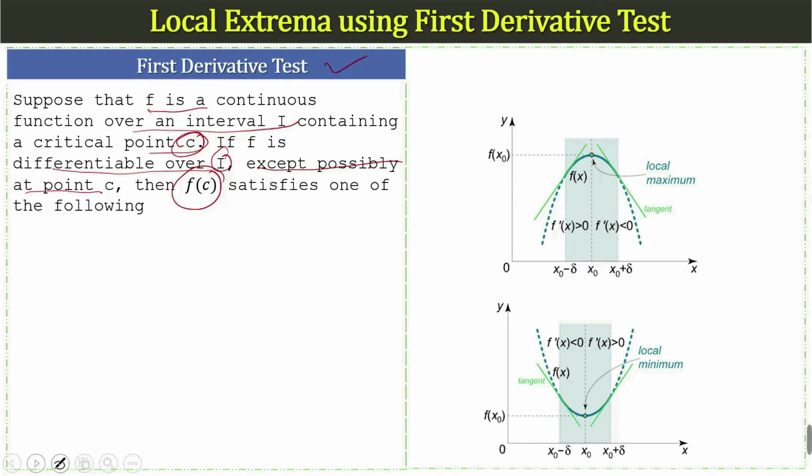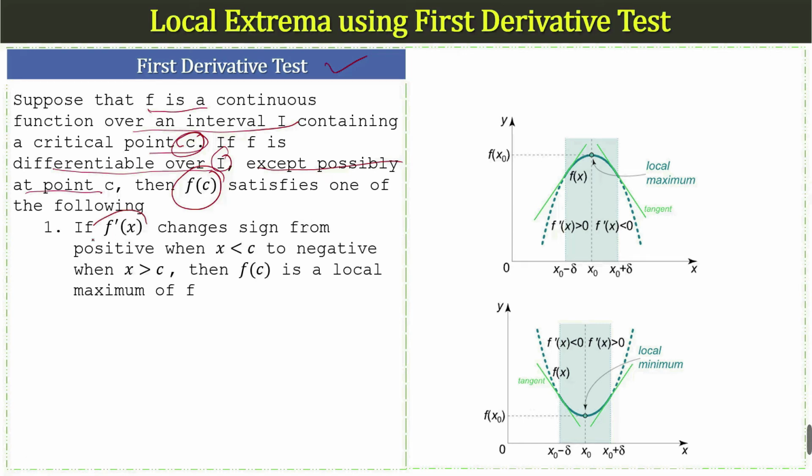The following conditions are: if the derivative of the function changes sign from positive when x is less than c, for example we have a c here, and before this c, x is less than c, the function has a positive sign, and to the negative sign when x is greater than c, from positive to negative, then f of c is a local maximum of f.